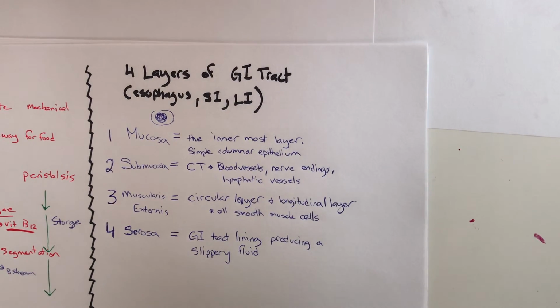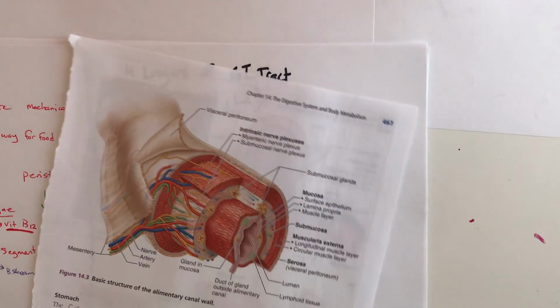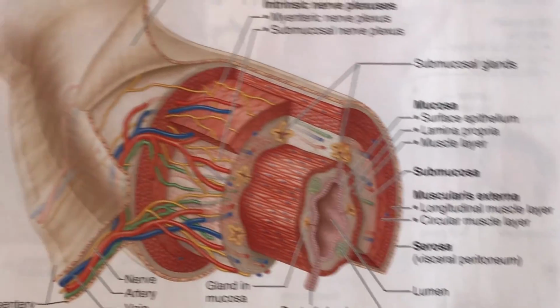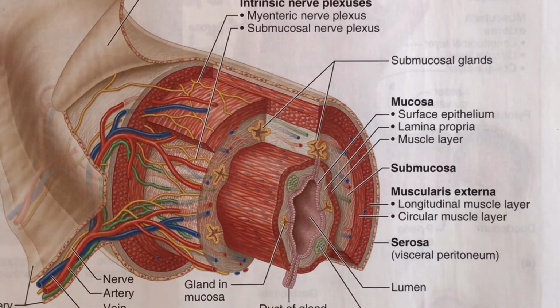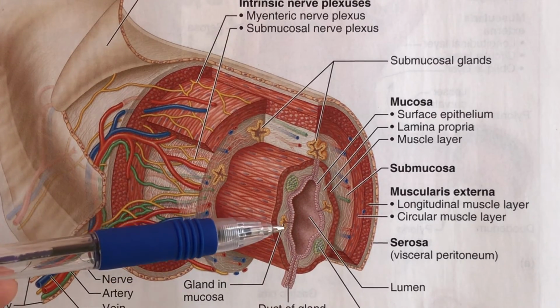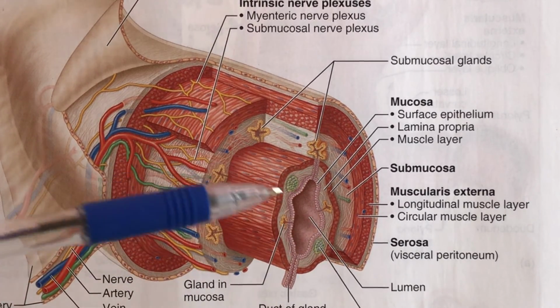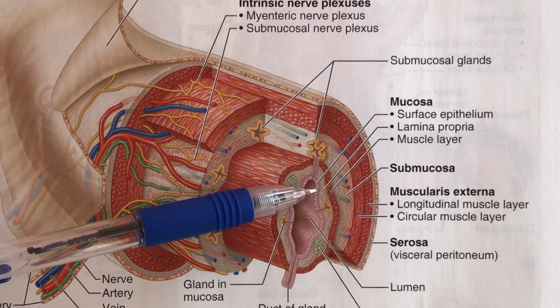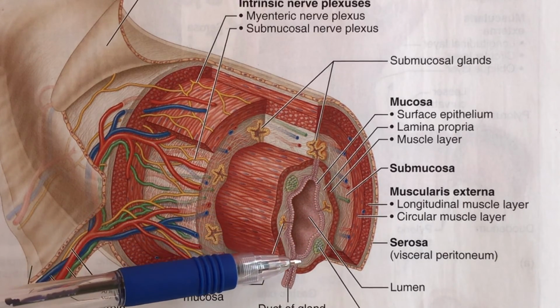And if you want to take a look at a diagram, just very briefly, this is what we typically see all the way through the GI tract. And so we have this serosa, we have the mucosa at the very inside, and check out the simple columnar.